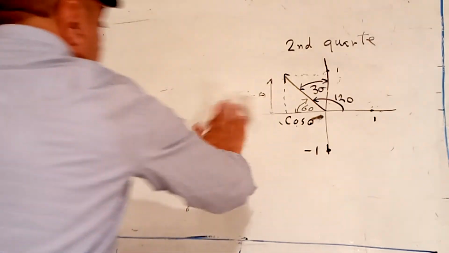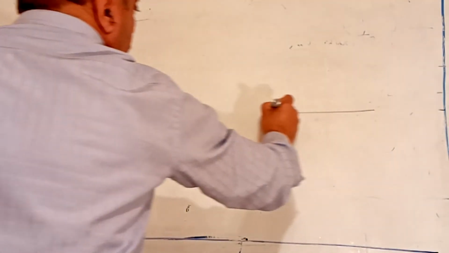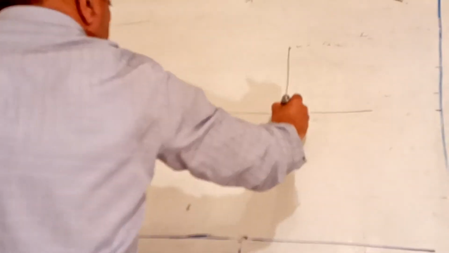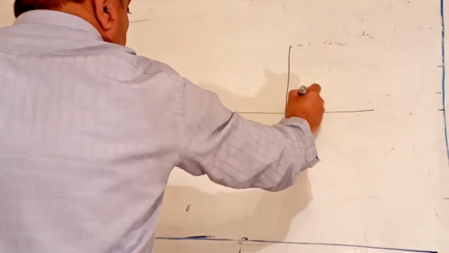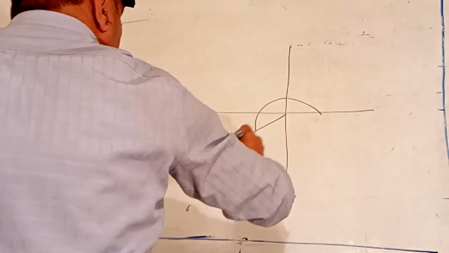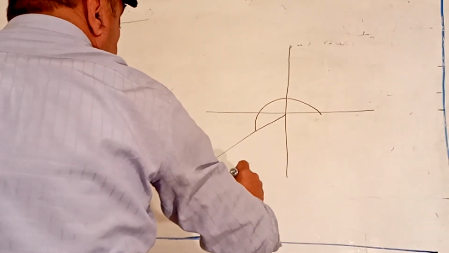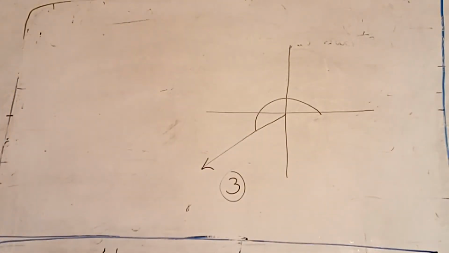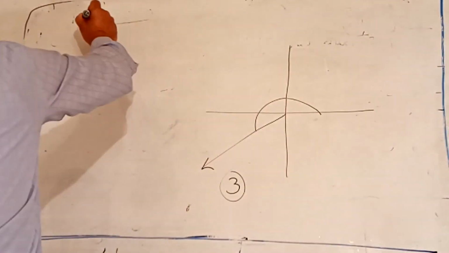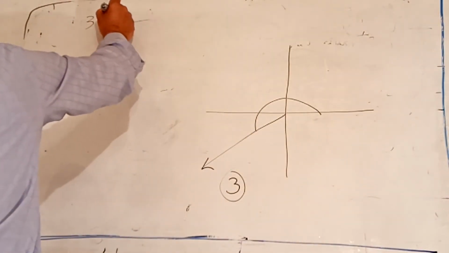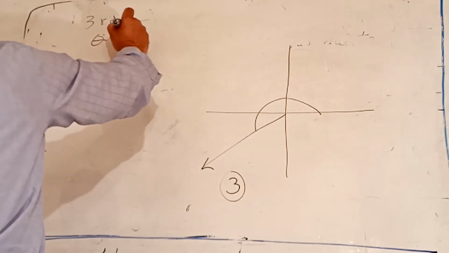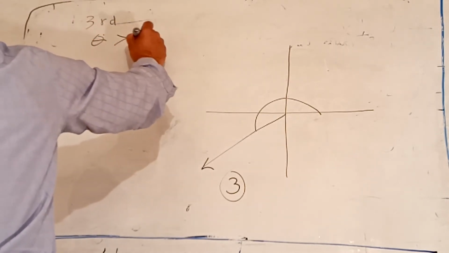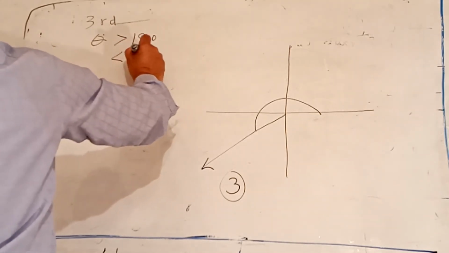We erase it and go to the third quarter, please. Let's go to the third quarter. This is R starting to rotate up to here. This is the third quarter. Let's say theta is above 180 and less than 270.